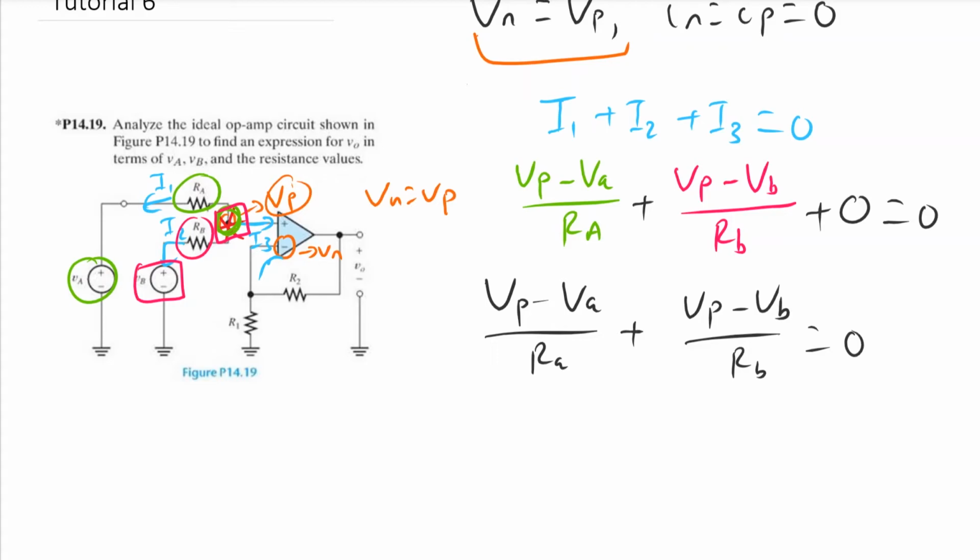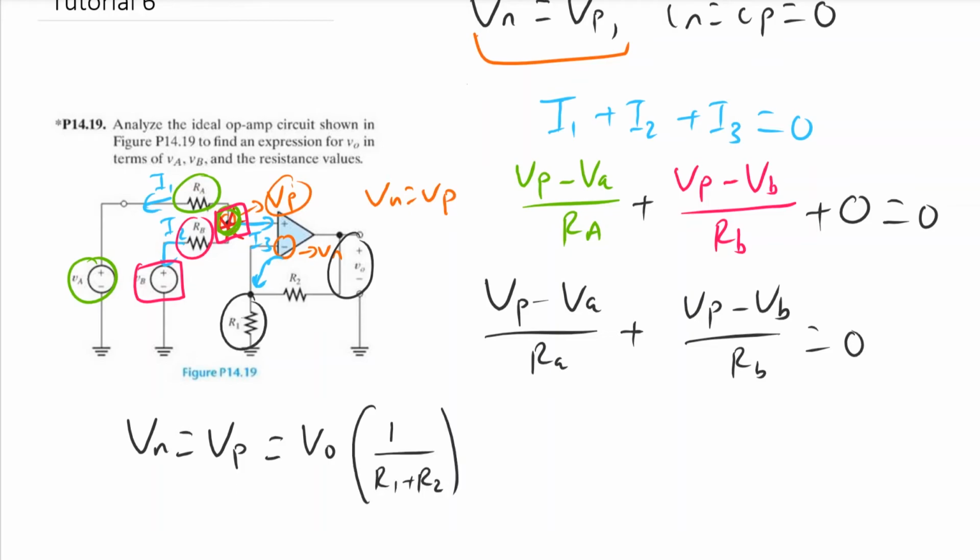So I can say the voltage here, which is Vn, which is equal to Vp, we know is a voltage divider, so we can say that it's the voltage Vo spread out across R1 and R2, and the resistor that we're interested in is how much is across this R1 resistor here. So it's a voltage divider from this Vo across these two R1 and R2 resistors.